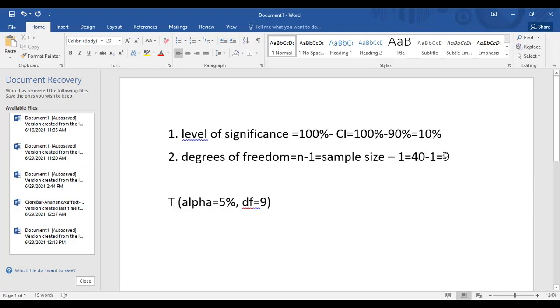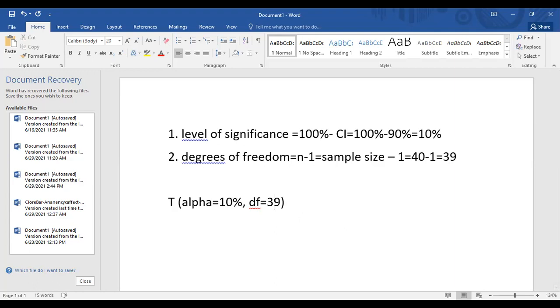So 40 minus 1 is how much? 39, right? So we have to check the T table at alpha 10%, and the degrees of freedom is 39.